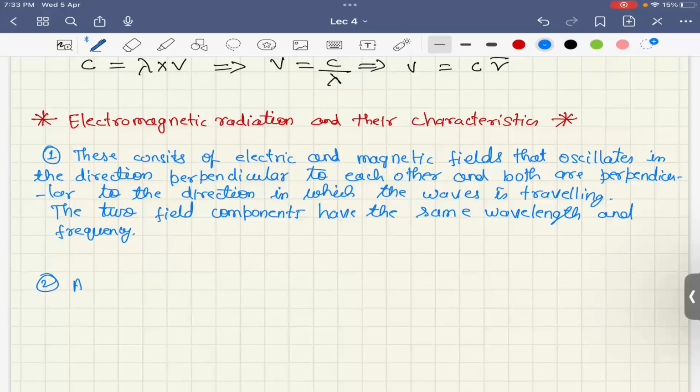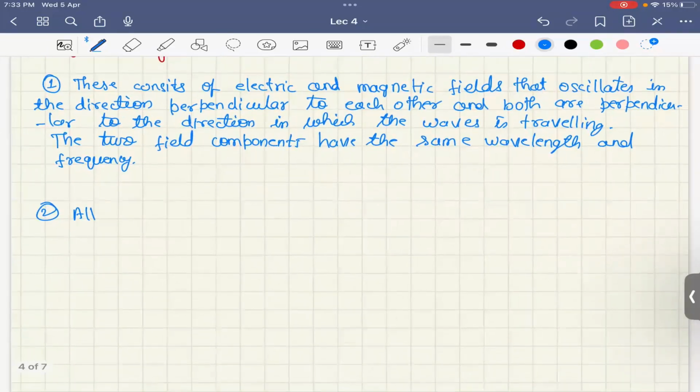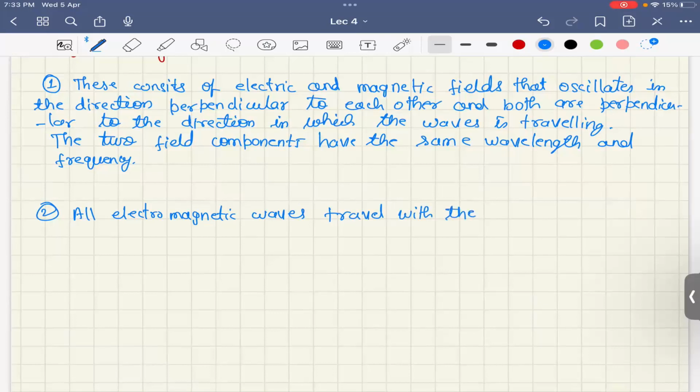All electromagnetic waves travel with the same speed.